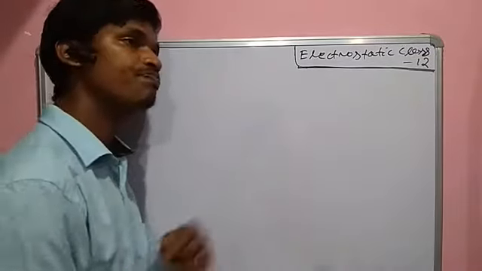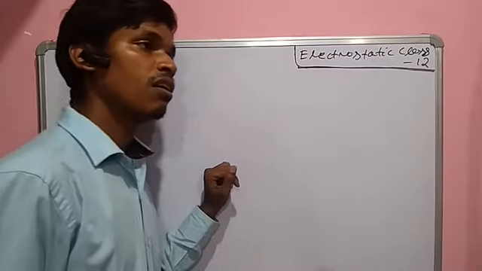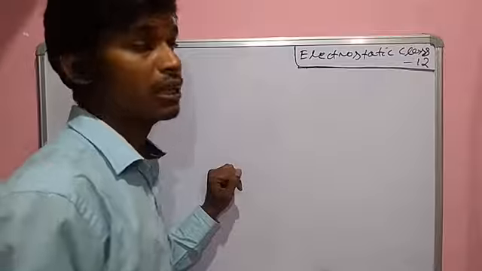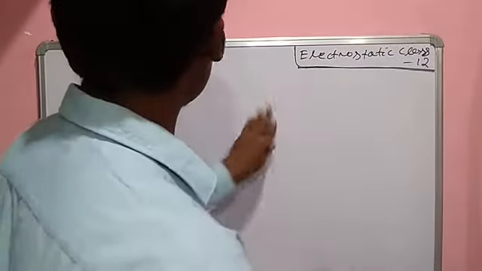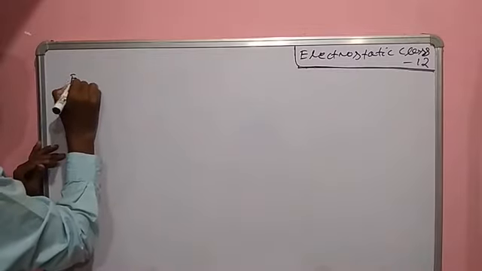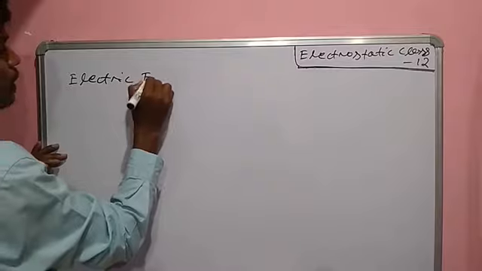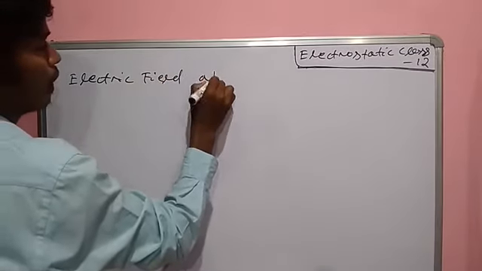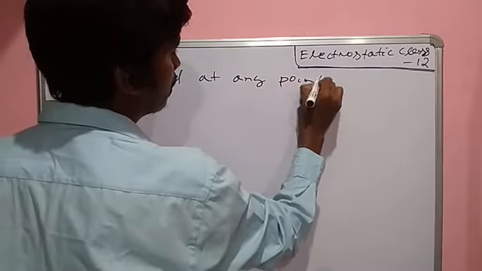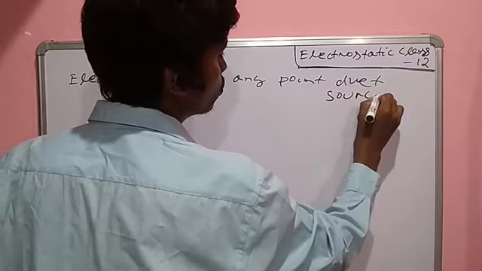But now we will discuss at any point what is the value of electric field. That means you can make a heading: electric field at any point due to source charge.